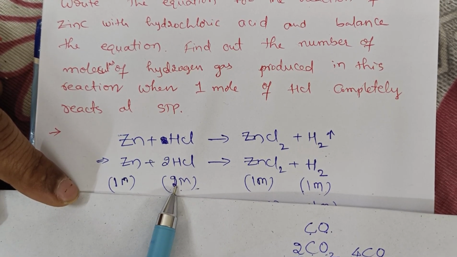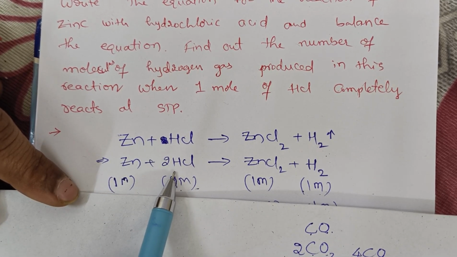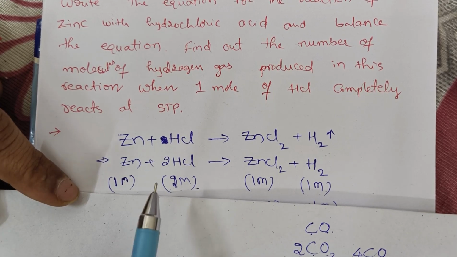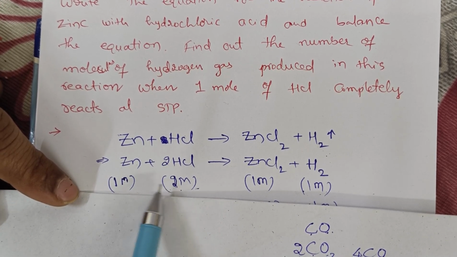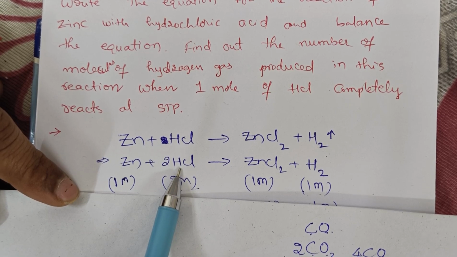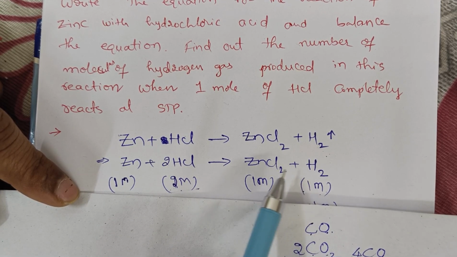Think naturally, this is some quantity of hydrochloric acid, and zinc metal, some quantity. Moles means some quantity. If you take 2 moles of HCl, you get 1 mole of hydrogen gas.